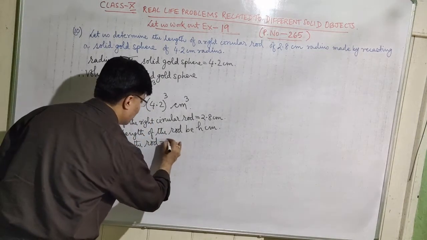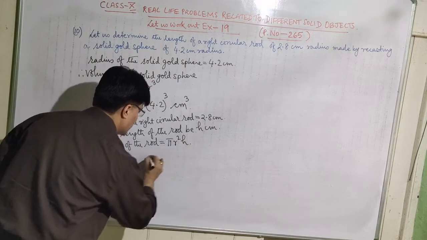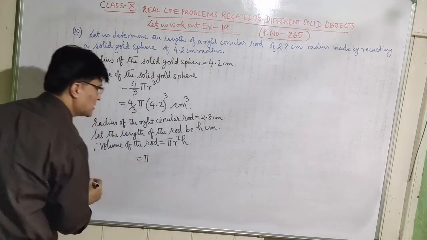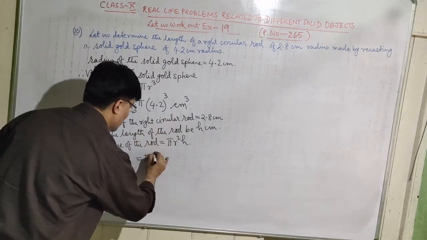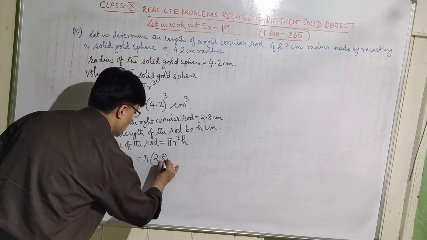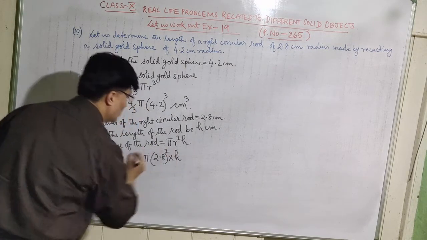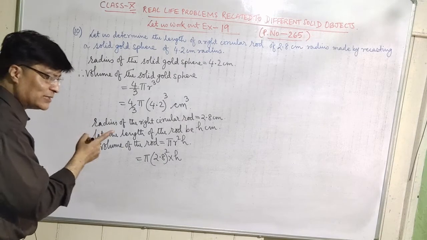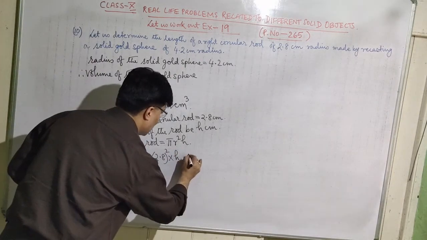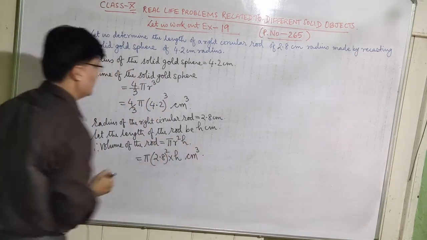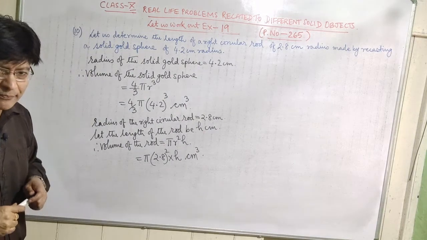What is the formula? It is pi r square h. Pi remains as it is. What is the radius here? 2.8 whole square, into what is the length or height? It is h. The unit is centimeter cube. Is that clear?